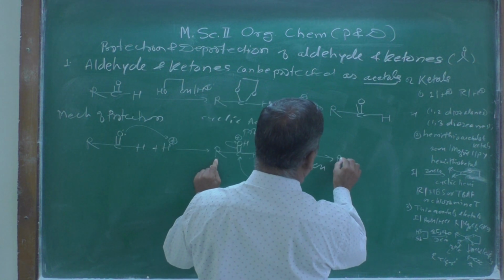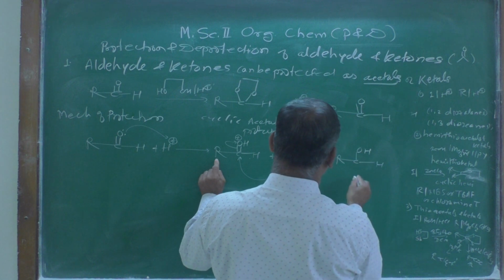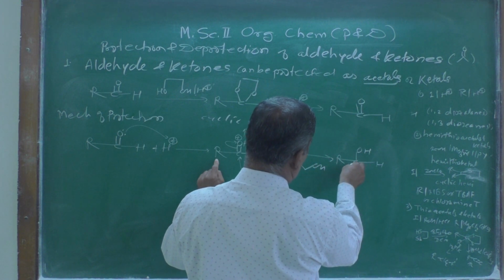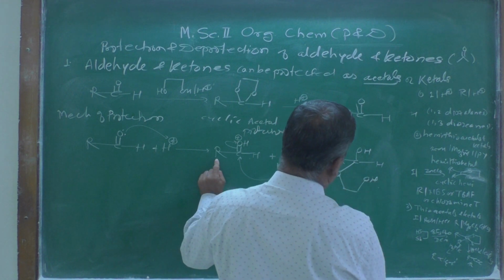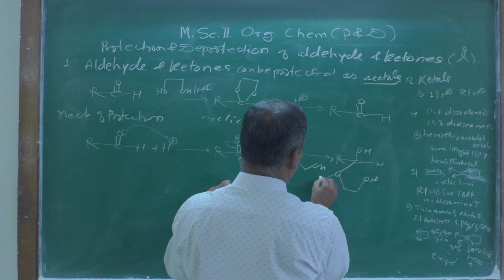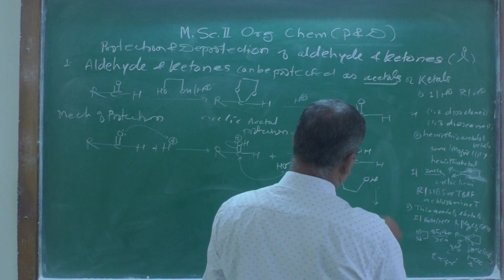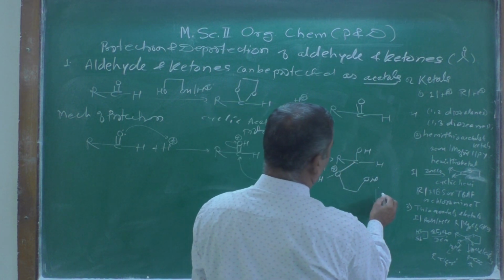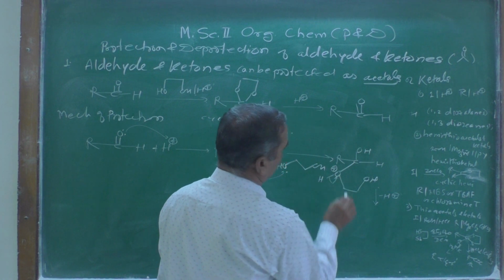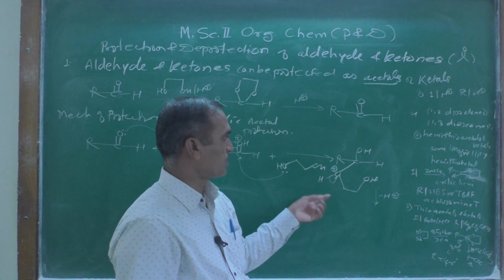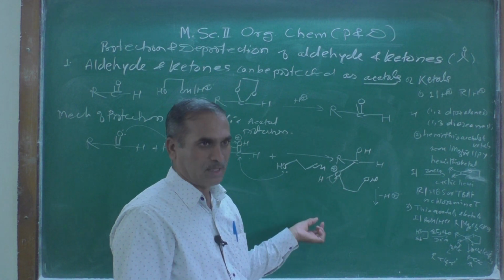You are going to get here R, OH, then H, C, and here O, then OH over here, right? Now there is a positive charge present on this oxygen, and now what is going to happen? There is a loss of proton, minus H plus, because when the positive charge comes on that oxygen atom, that species becomes highly unstable.